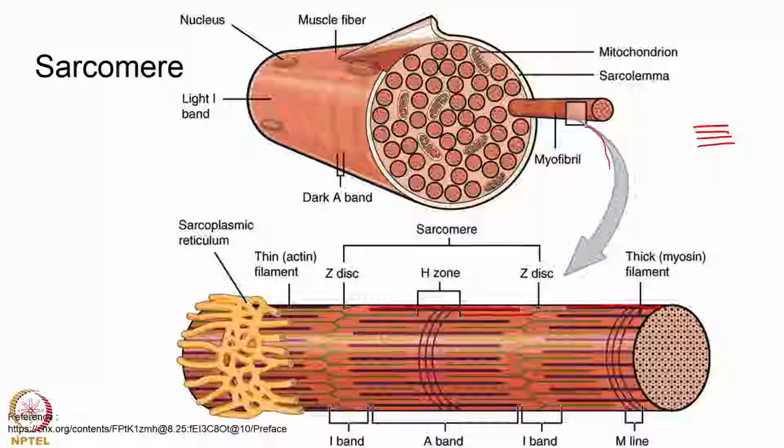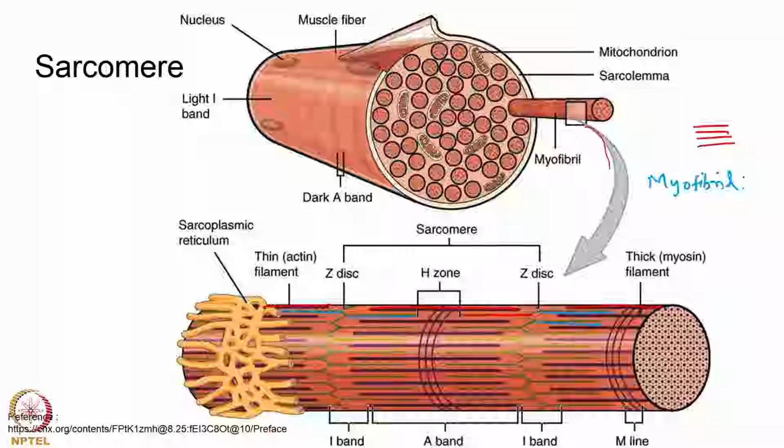One dark band is here, another dark band is there, and then there are some light bands that are here, another light band is there, and so on. These alternating dark and light bands constitute a sarcomere. Basically, these alternating bands of dark and light color, when they are connected in series, constitute a myofibril.